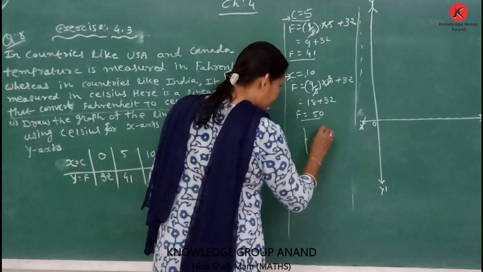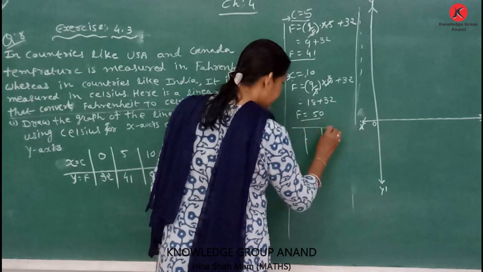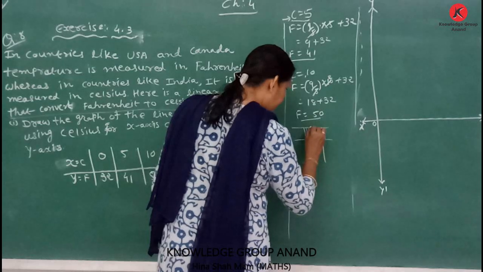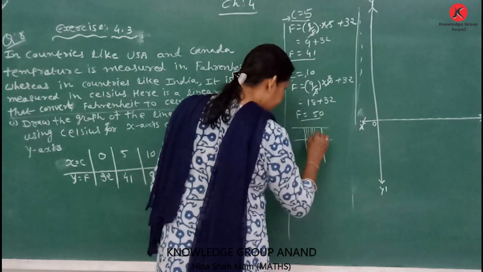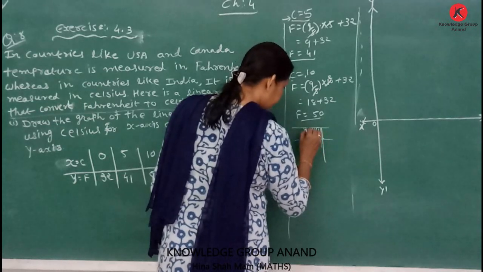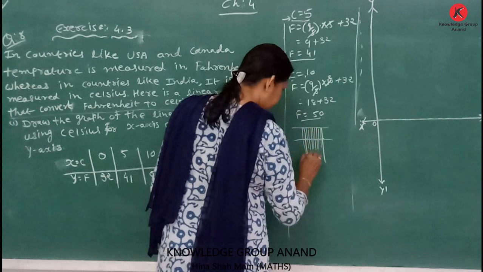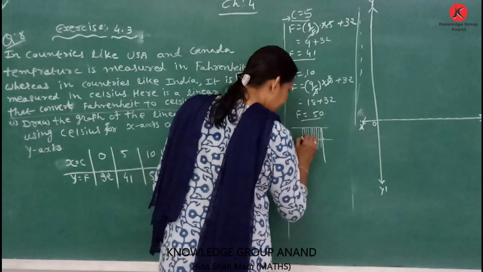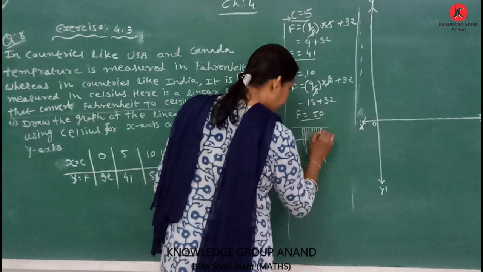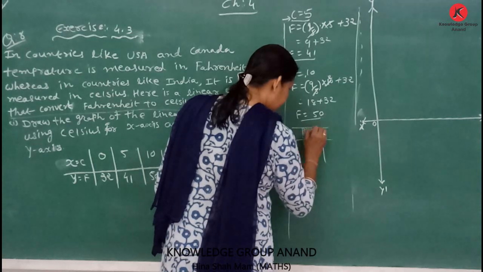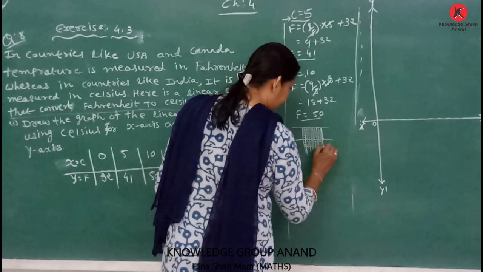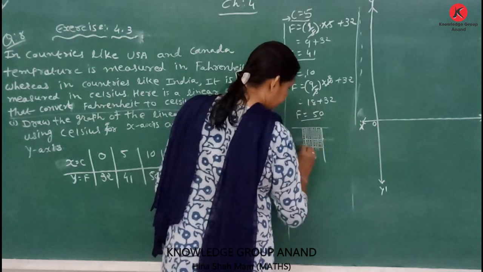For this, 1 centimeter has 10 small divisions in your graph. 1, 2, 3, 4, 5, 6, 7, 8, 9, 10.